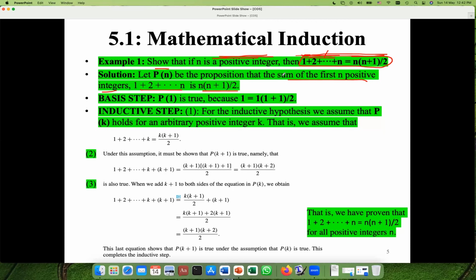If you don't want to say the sum of the first n positive integers, leave it. You can just say, let P of n be the proposition that 1 plus 2 plus and so on plus n is equal to n into n plus 1 divided by 2.